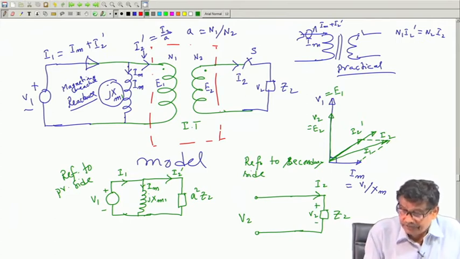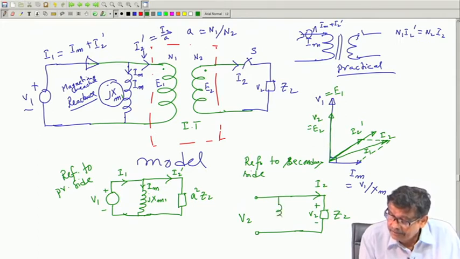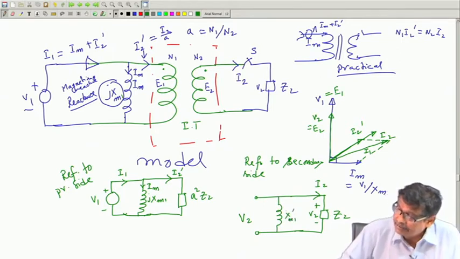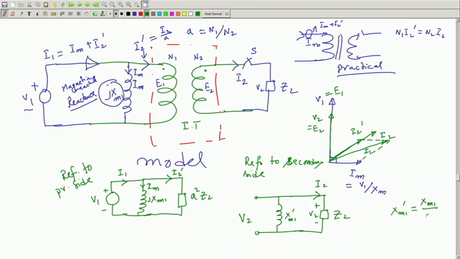And for this one, the transfer of impedance from this side to that side will be xm 1 dashed. What is xm 1 dashed? It will be xm 1 by A square. And what is this V 2? V 1 by A. So, this is the equivalent circuit referred to the secondary side.